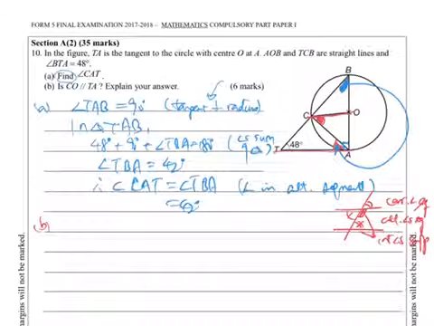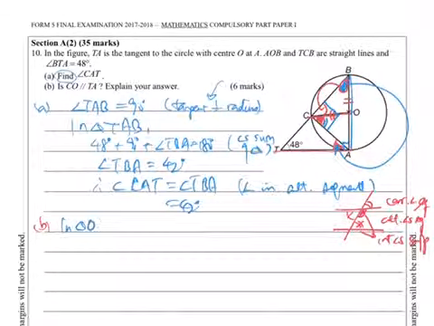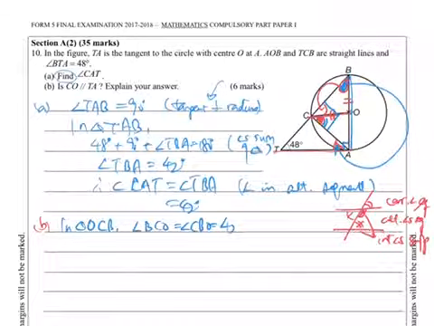Okay, because these are the radii, once we know this is 42, you can get this is 42, and then this is the diameter, so you know this is 90 degrees, so you can get this angle. So first, in triangle OCB, angle BCO equals angle CBO equals 42 degrees.